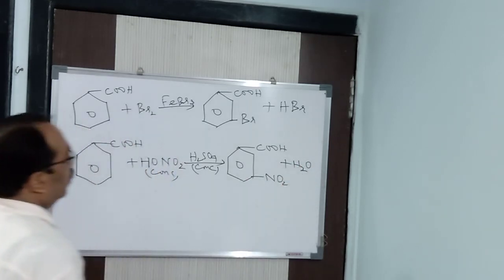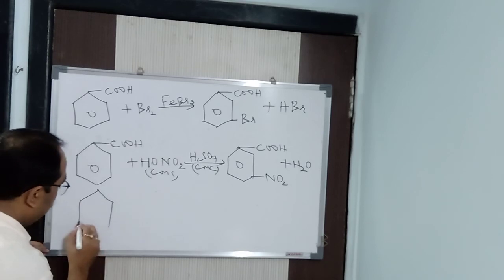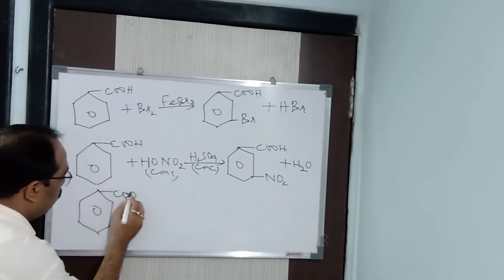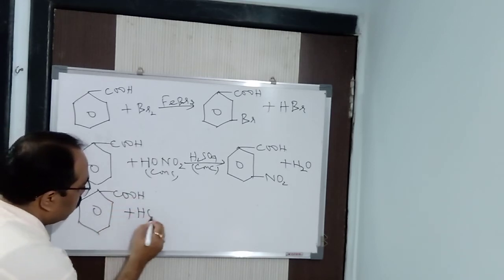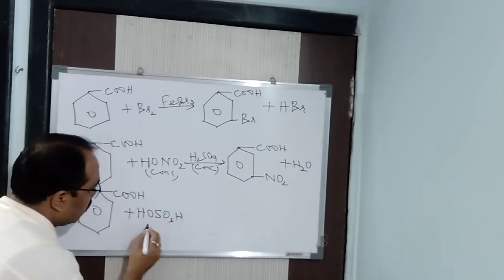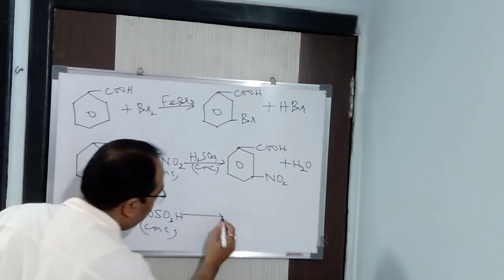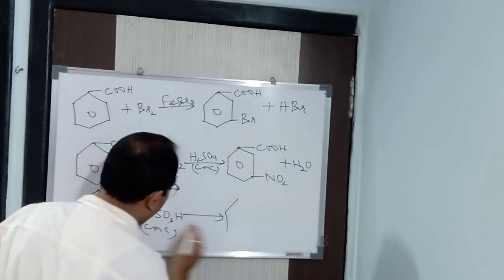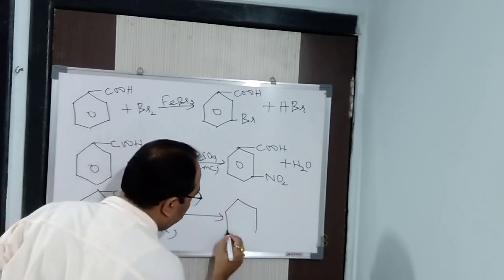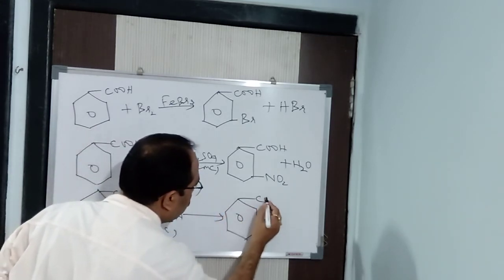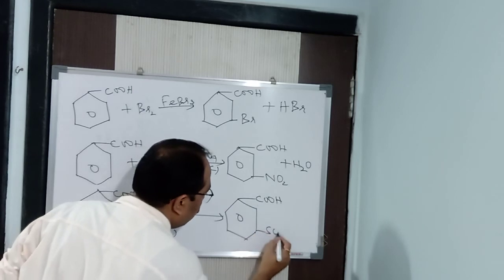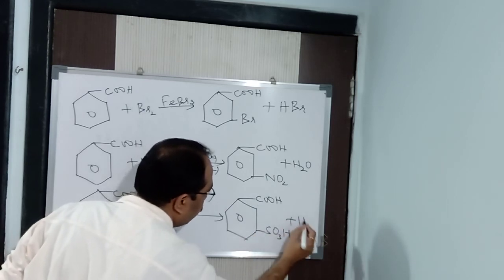Similarly, if you do with sulfuric acid, COOH plus HOSO3H conc, concentrated sulfuric acid, no need for anything else here. So I will be getting SO3H in the meta position, plus water.